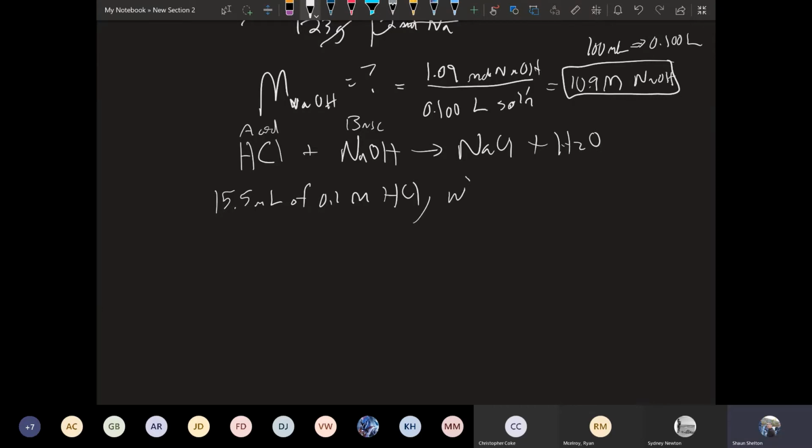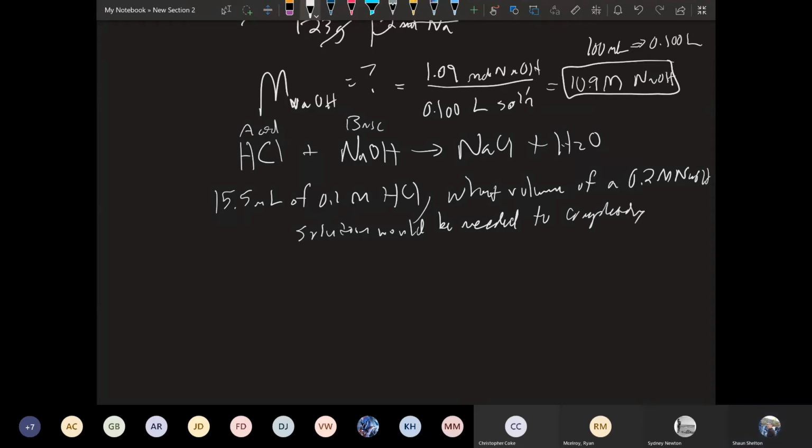All right, what volume of a 0.2 molar NaOH solution would be needed to completely react with HCl?